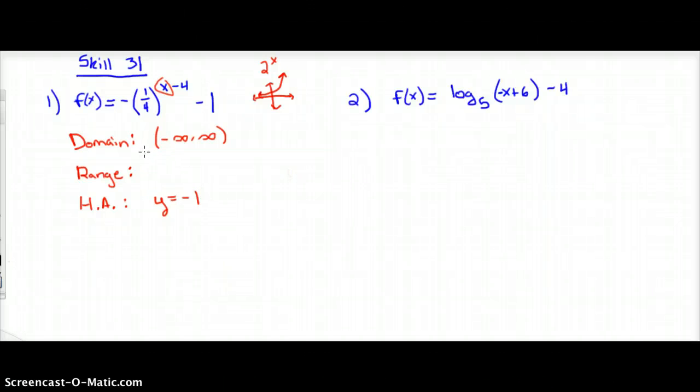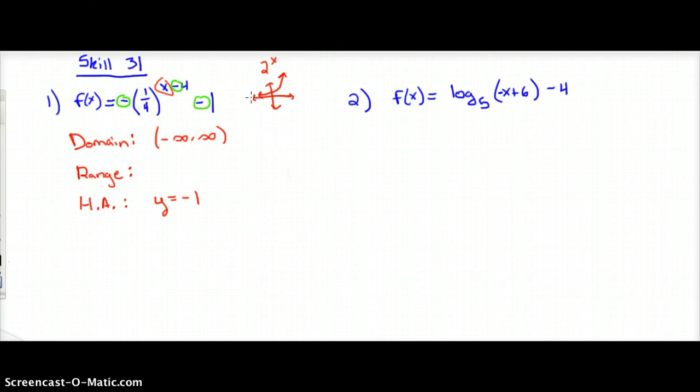And the reason for this is that all exponential functions, before we add any transformations, and by that I mean any shifts or any reflections, and remember in this question this is going to be a reflection, and this is going to be a shift.